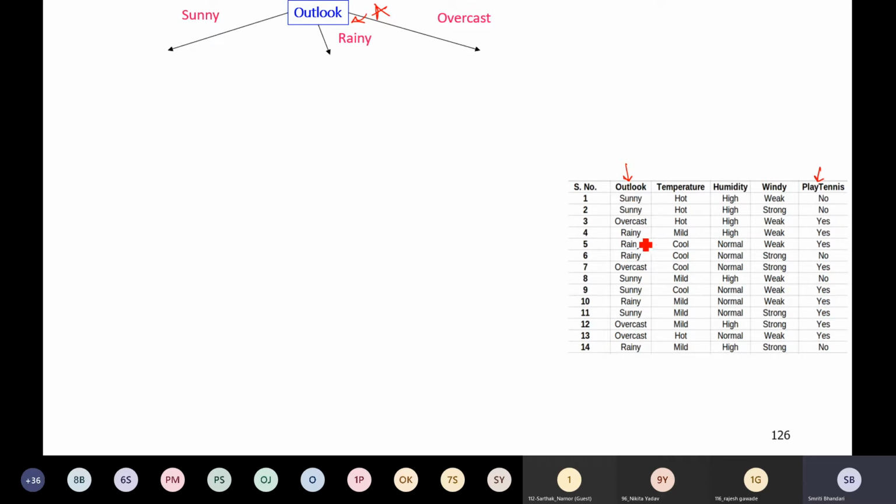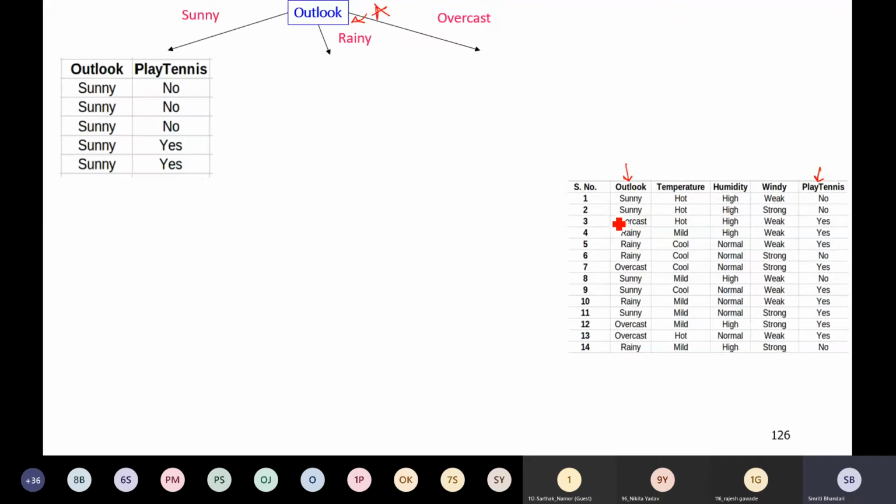So we are going to consider these two attributes now, outlook and play tennis, and I'm going to filter this data set. I'll have a subset of the entire data set for which my outlook value is sunny. I have 5 examples wherein the value of outlook is sunny, and these are the respective class labels, whether to play tennis or not.